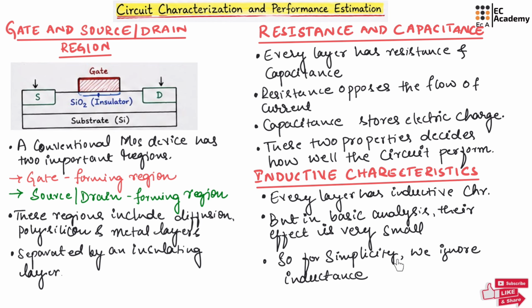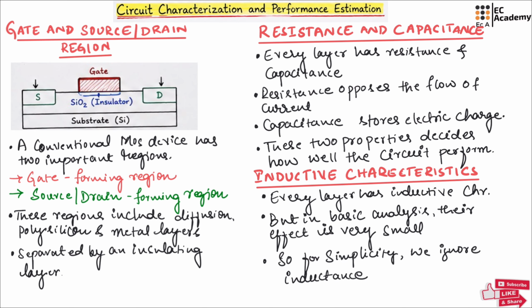So you need to remember, the inductance is present, but for simple analysis, we ignore the effect of inductance in the MOS transistor. So we focus on resistance and capacitance only. Therefore, in today's discussion, we mainly focus only on resistance and capacitance.